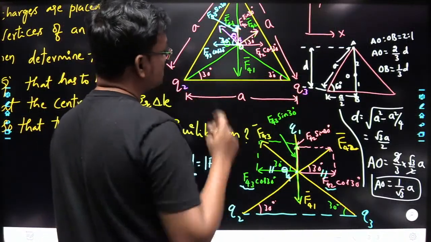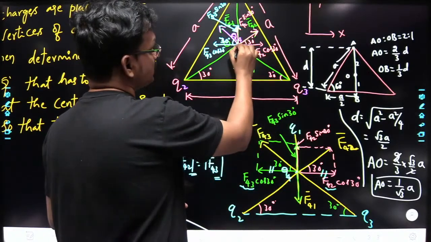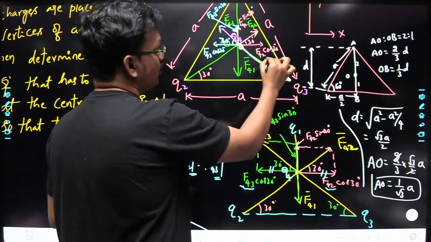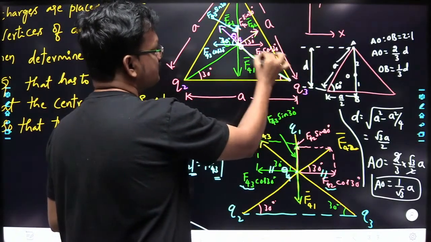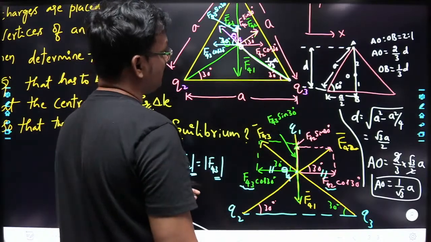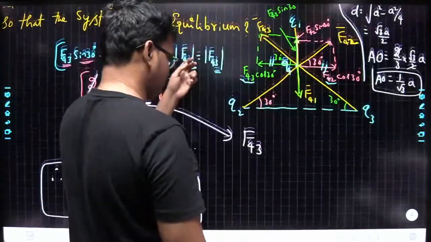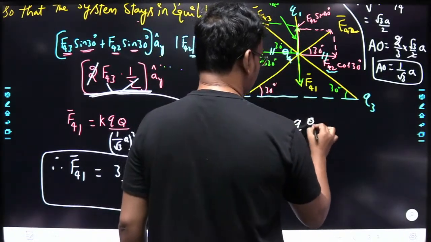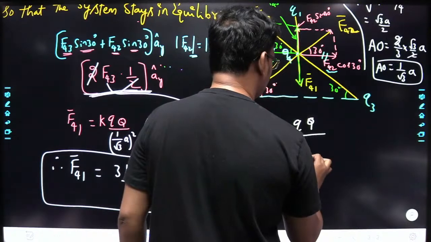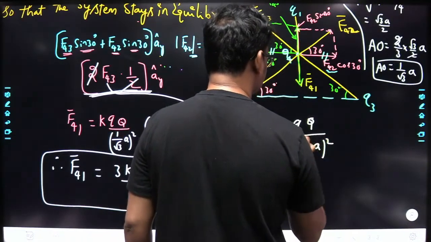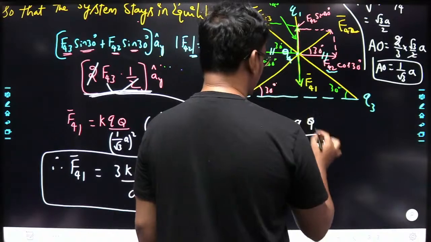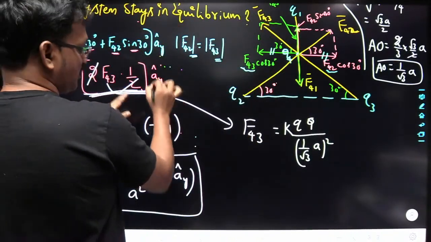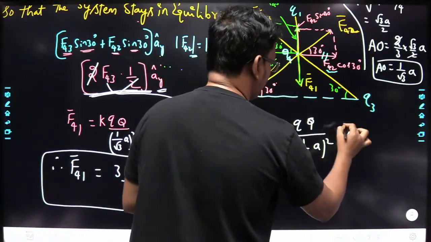The distance from here to here is also 1 by root 3 A. So F43 is equal to K Q into capital Q divided by 1 by root 3 A whole square. Which direction is it pointing? Into AY cap. Understood?